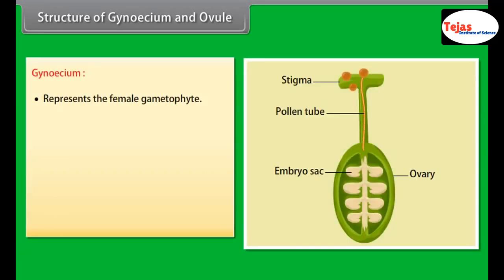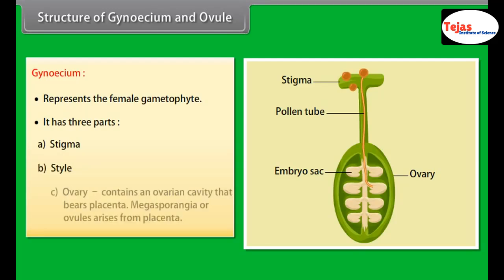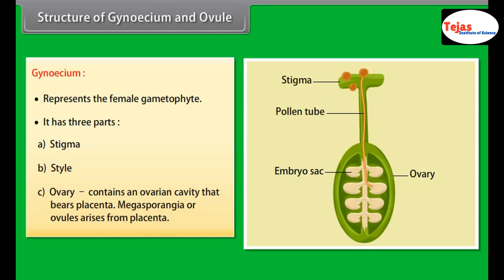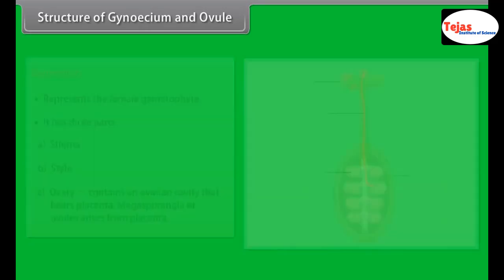Structure of gynoecium and ovule. Gynoecium represents the female part. It has three parts: stigma, style, ovary. It contains an ovarian cavity that bears the placenta. Megasporangia or ovules arise from the placenta.